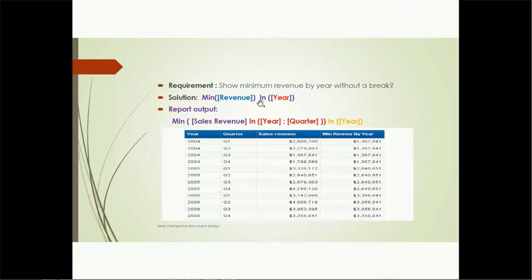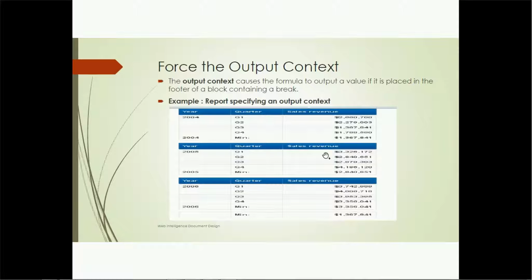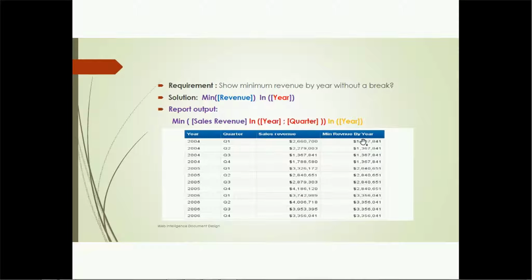So, minimum of revenue in year. For each year, it is the minimum revenue. I wanted to show it on each row, for 2004, without a break. I don't want a break, but I want to show the minimum revenue on each row. The value coming here, 1367841, is the same as this one.